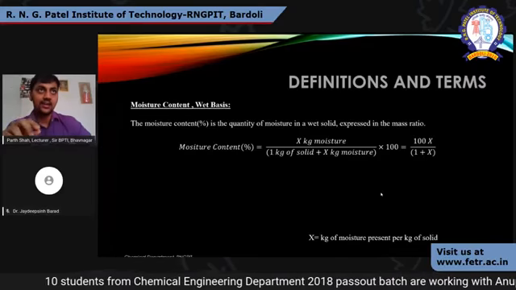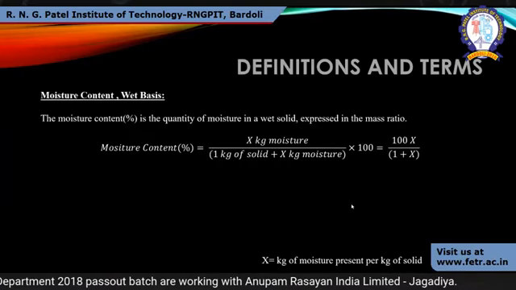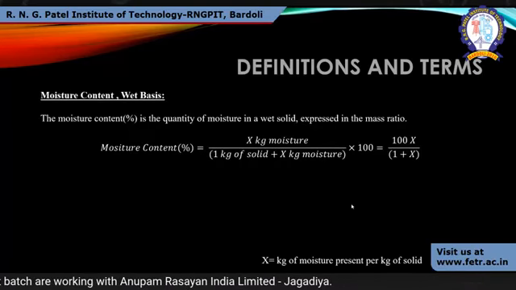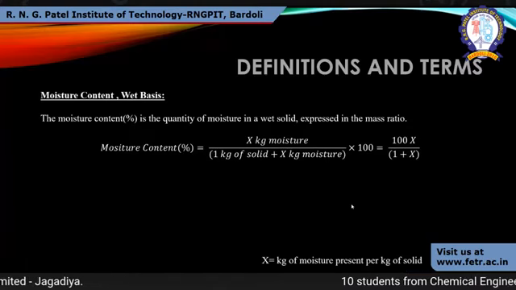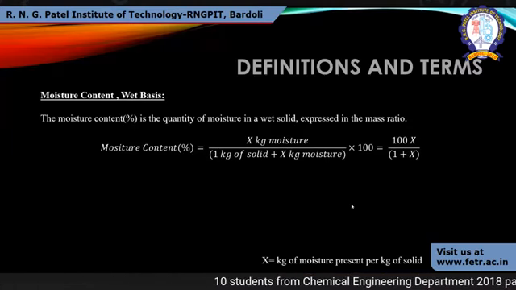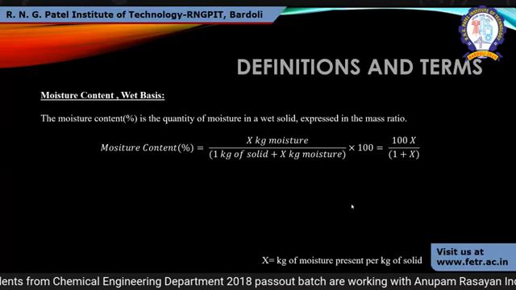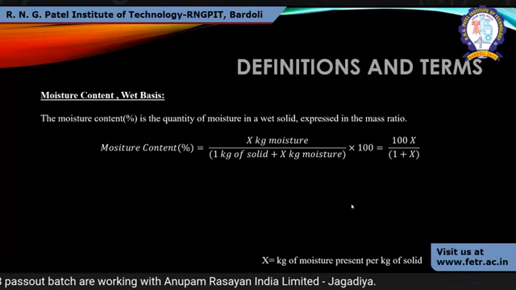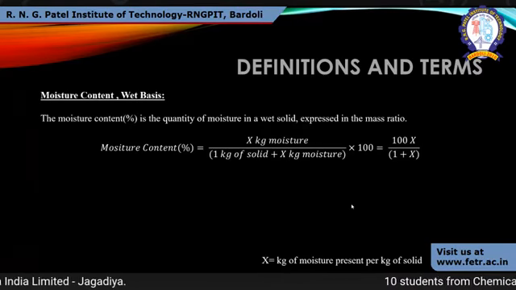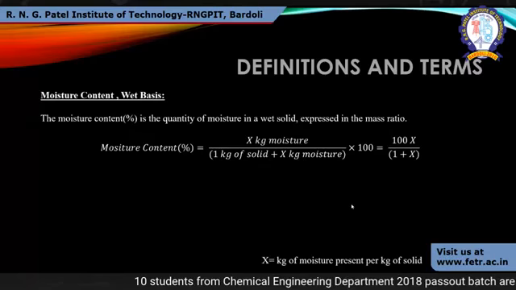Let us consider that 500 gram of moisture is present in 1 kilogram of dry solid. So 0.5 kilogram is our x, and 1 kilogram is our solid. So 0.5 divided by 1 plus 0.5 is our moisture content on wet basis, right? So wet basis is basically a mass ratio.